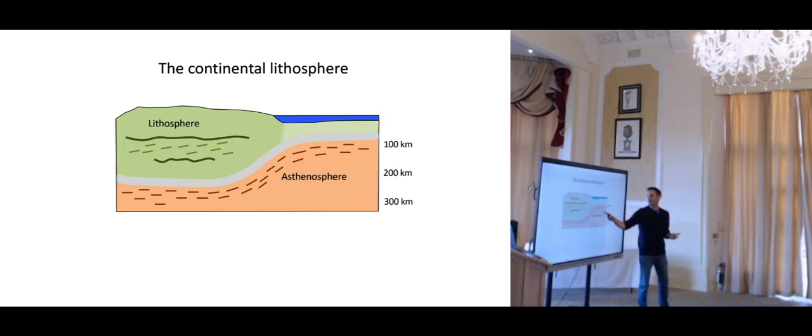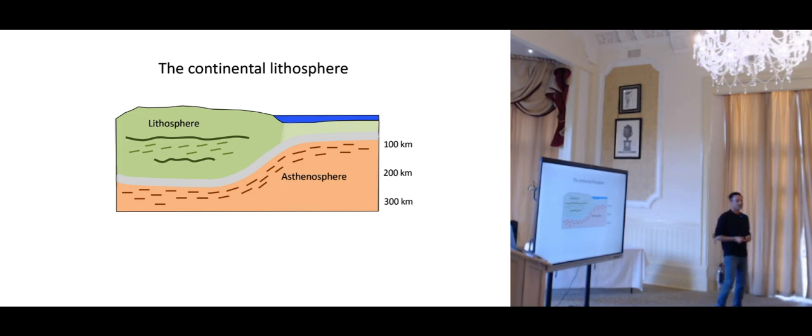Also, what's the nature of deformation in the asthenosphere? Another question is what are these discontinuities that we very often see in the continents? And can we also map past deformation in the continents?